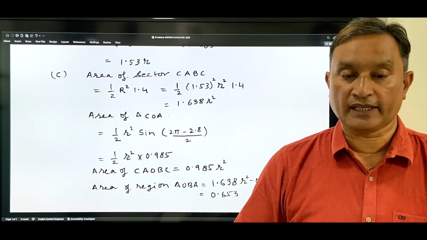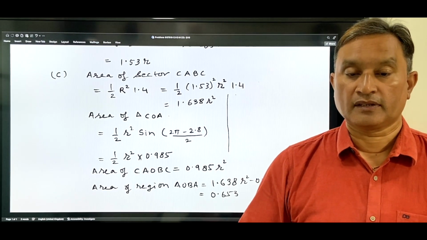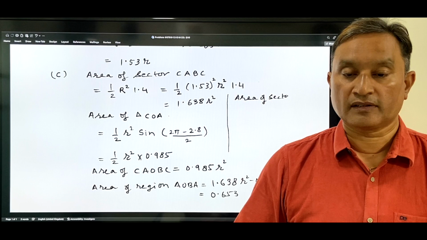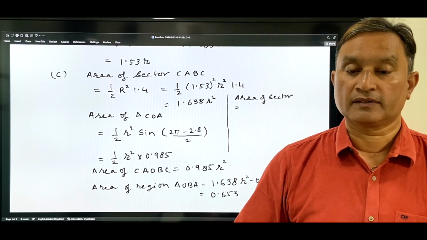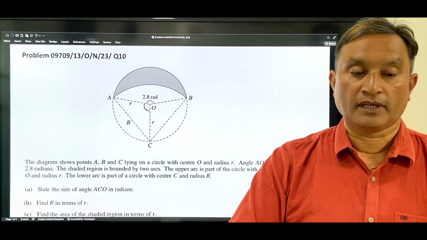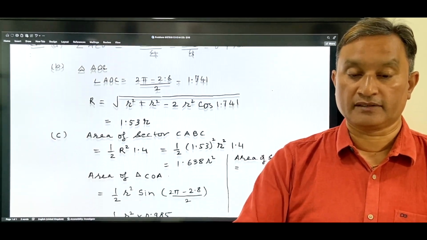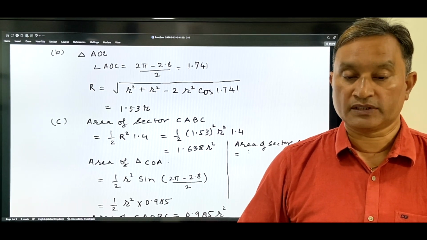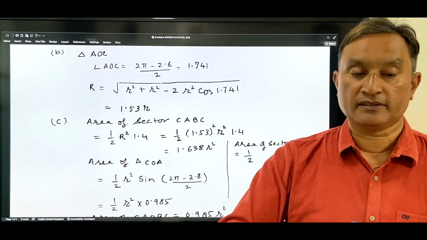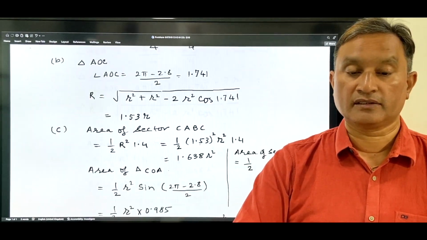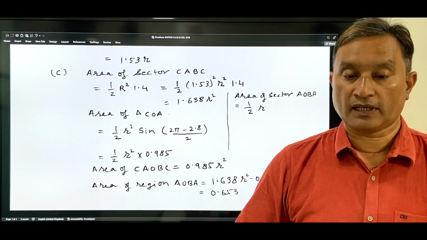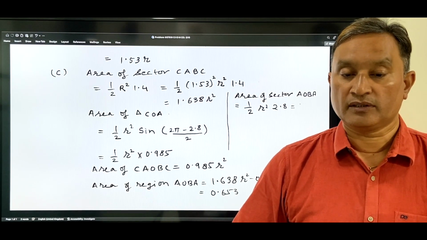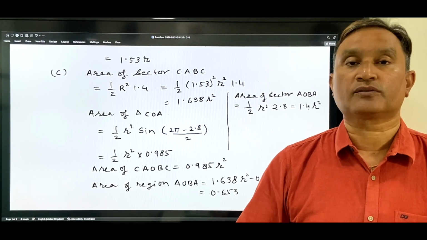So here we will write area of sector AOBA equals half r square, where now small r square into 2.8. So this would be 1.4 r square.